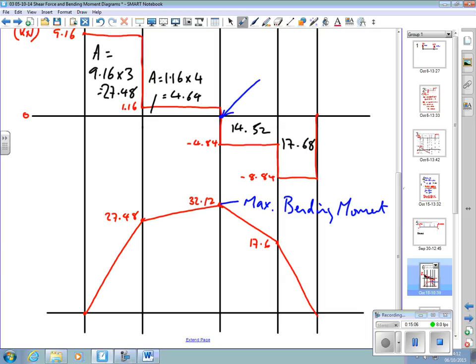So without working it out, it doesn't tell you what the value of the moment is, but the shear force diagram tells you where the position of maximum bending moment is. So this is the position of maximum bending moment. If I want to know what the value of that bending moment is at that point, I'm going to need to draw a bending moment diagram. But at least it tells me where it is.